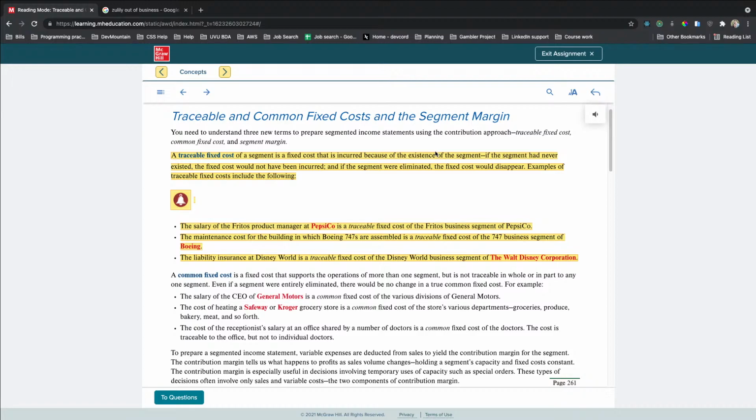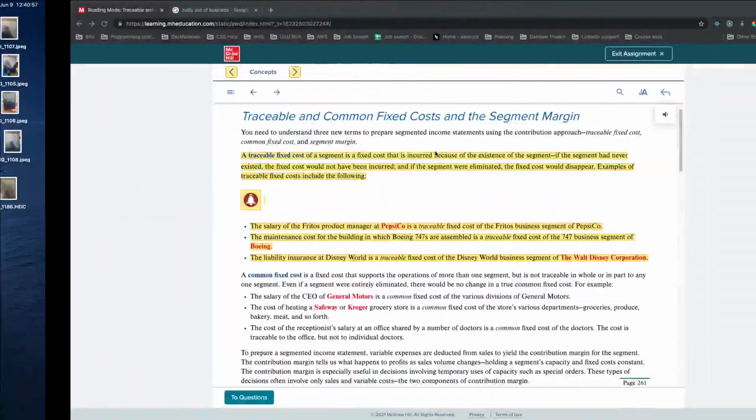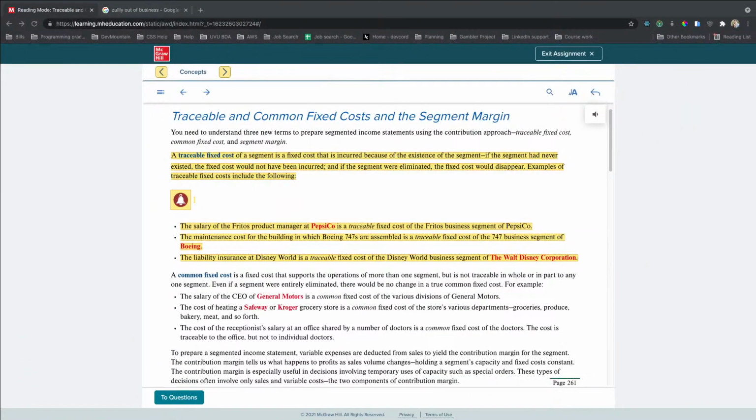And segment margin. All right, first and foremost, here we go.